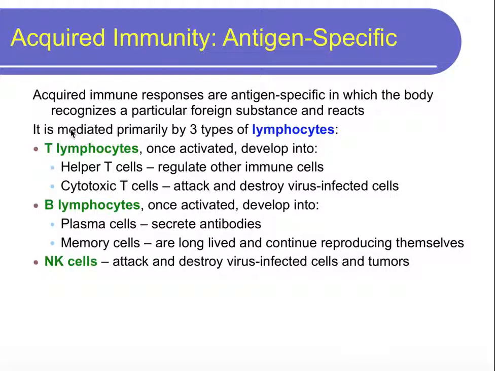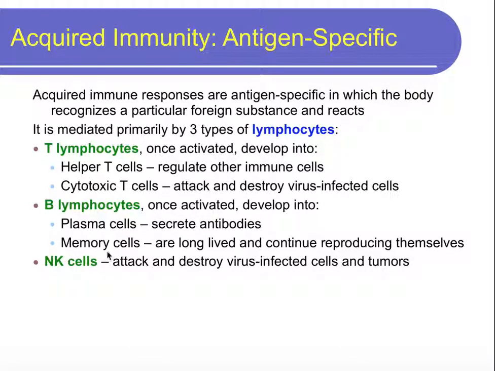T lymphocytes, once they're activated, will develop into helper T cells and cytotoxic T cells. Again, cytotoxic has the word toxic in it, so it makes sense that these guys would also attack and destroy virus-infected cells. Helper T cells have the word help in it, so they are going to regulate other immune cells, and essentially they're going to call for more help. B lymphocytes, once they're activated, will develop into plasma cells and memory cells.